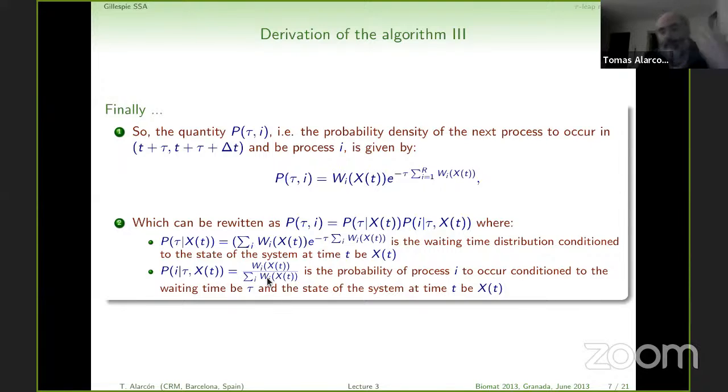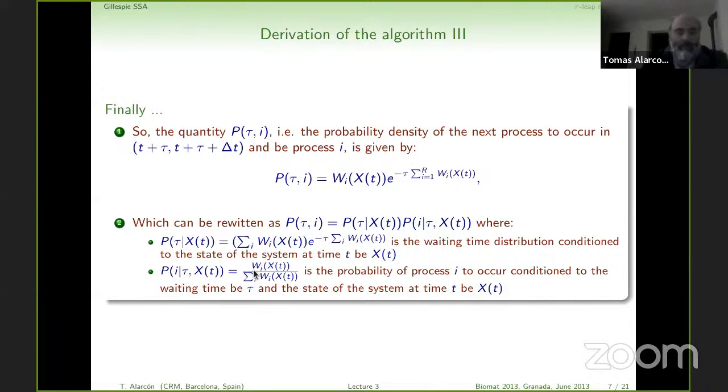For example, if you recall the examples we looked at in the first lecture, birth and death, there you had only two events that could affect the state of your system: birth, that adds one individual to your population, and death, which removes one individual from your population. So in that case, i could be either 1 or 2.